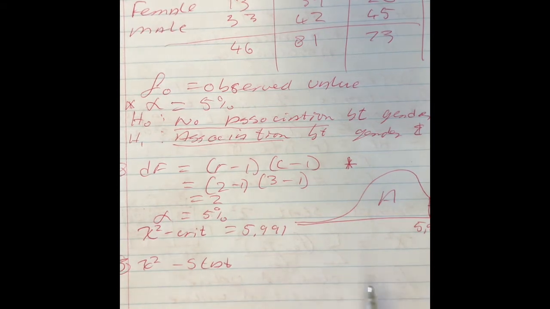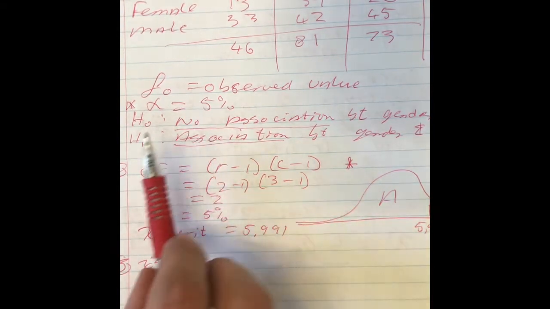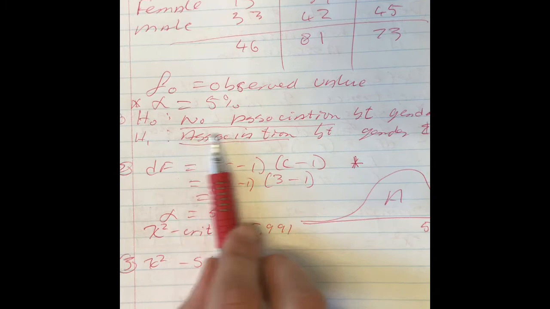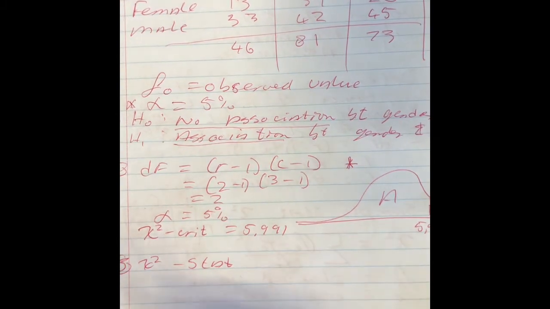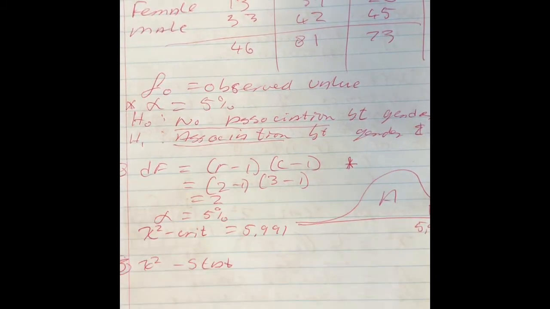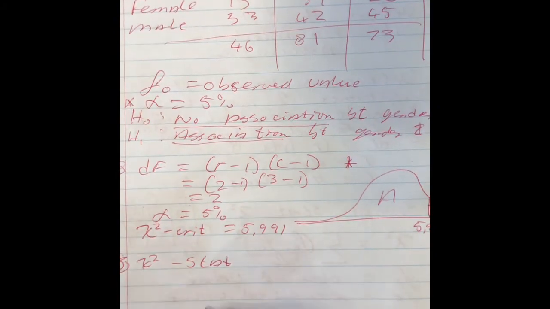When I say expecting, what values will be a perfect world scenario of no association or perfect equality?